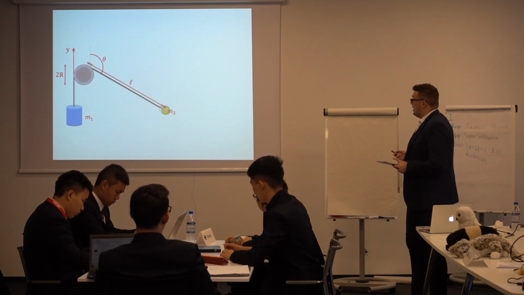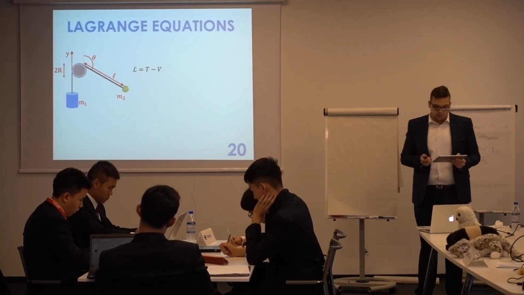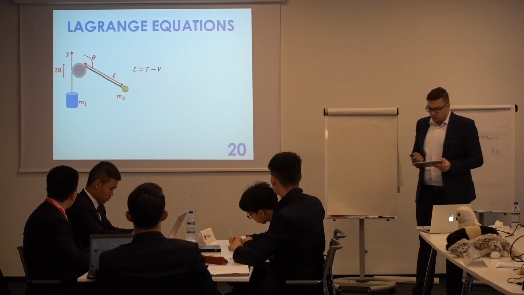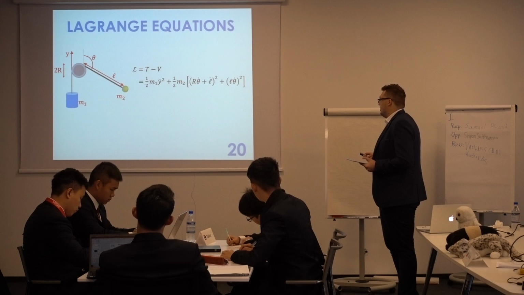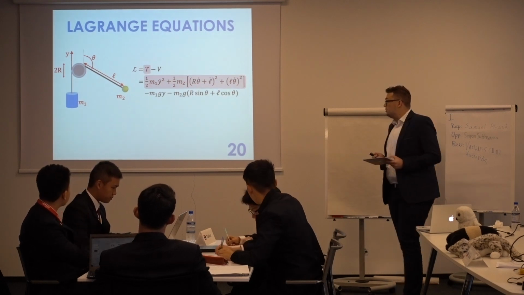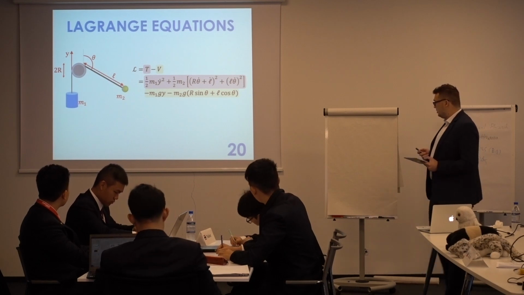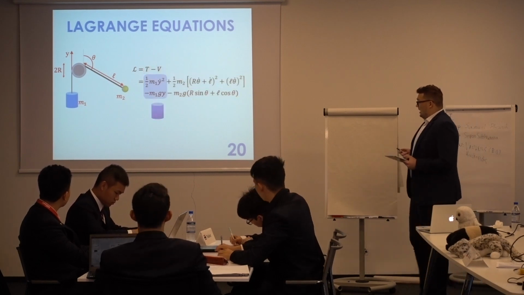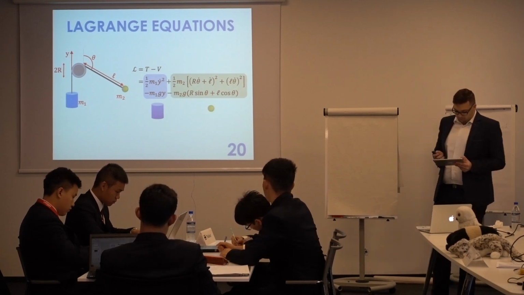To elegantly describe our system, we have to take a step back from Newtonian mechanics and look at the problem from the point of view of energies. So we write down our Lagrangian, where this part comes from the kinetic energy of the system, and this from the potential. And this corresponds to the heavy load, and this is for the light load.